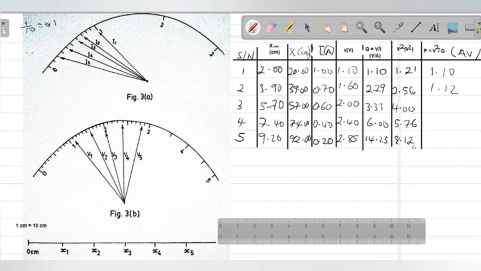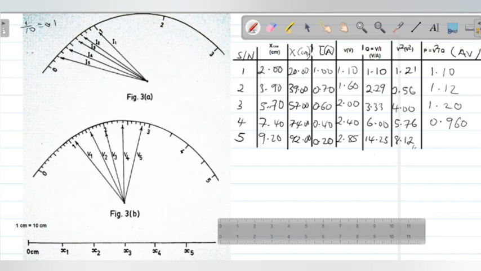When I divide 4.00 by 3.33, I will get 1.201, so I'll approximate that to 1.20 to 3 significant figures. I will divide 5.76 by 6.00 and get 0.96, so that will be 0.960 to 3 significant figures.